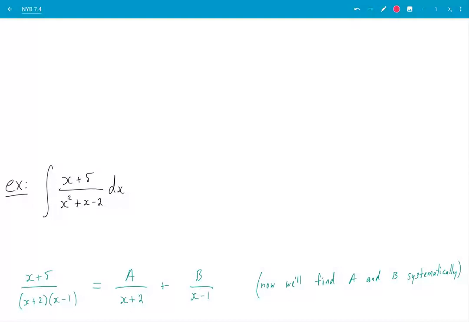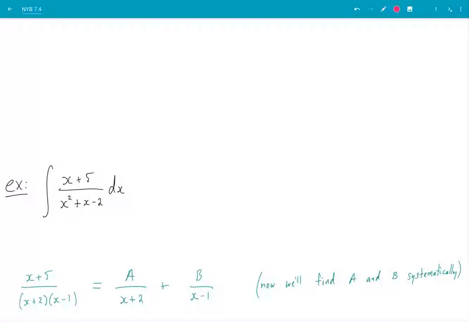What I want to do is propose something and then go and find A and B. Now, it's a theorem of arithmetic that something of this form can be written in this form, but we won't get into the details of that.